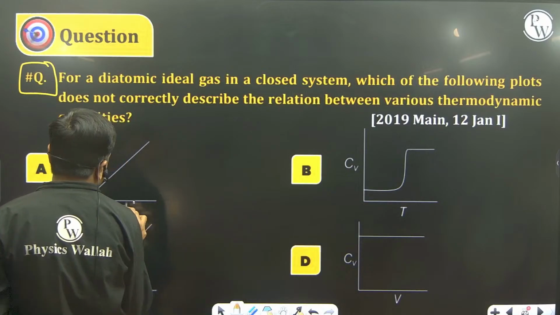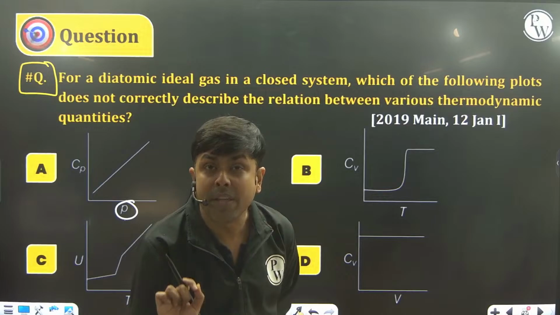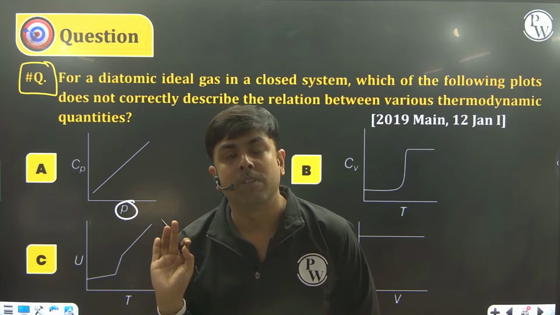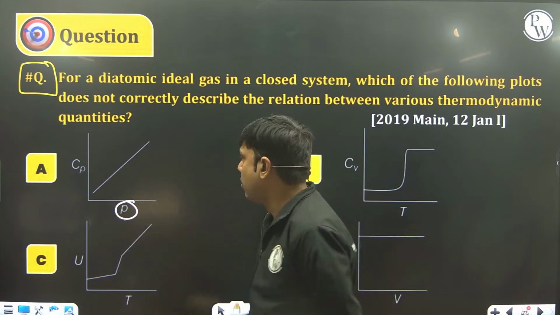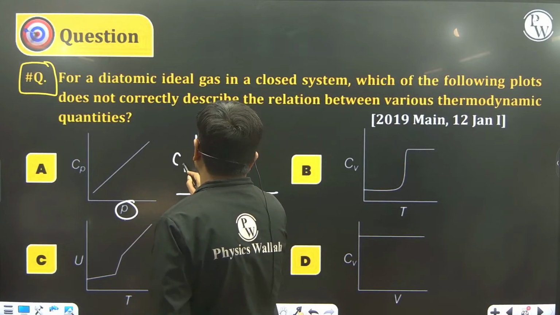CP versus P is a straight line. CP and CV values remain constant at a given pressure and at a given volume. At constant pressure, CP will remain constant, so the correct graph will be like this.